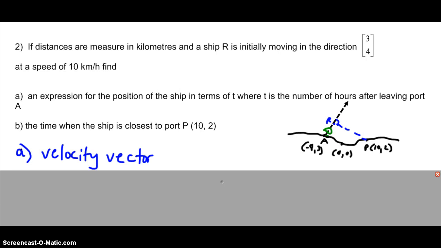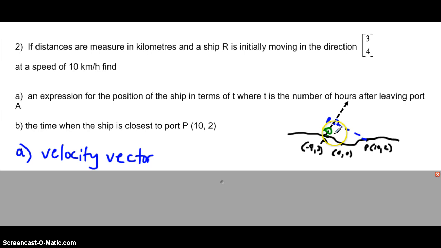So let's look at our first example here on closest distance. In our example, we have our ship. It left port A, and it's going in the direction of 3, 4.